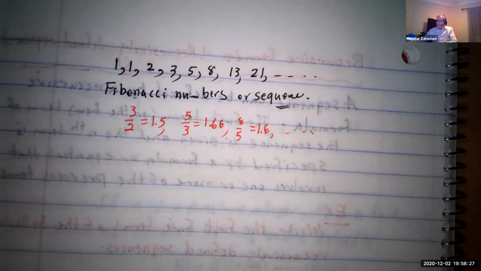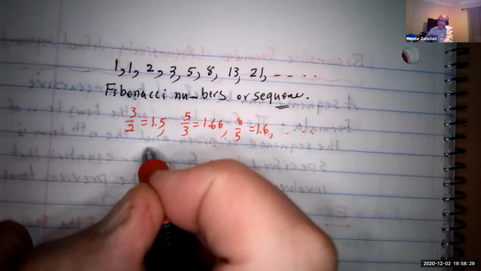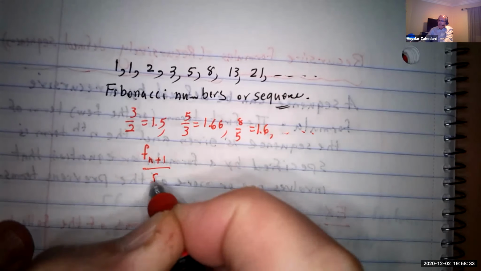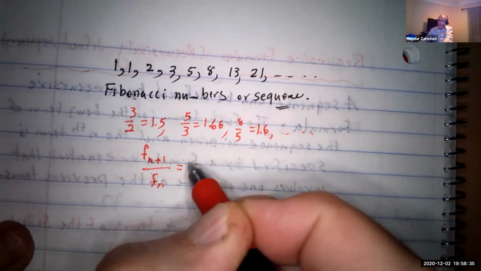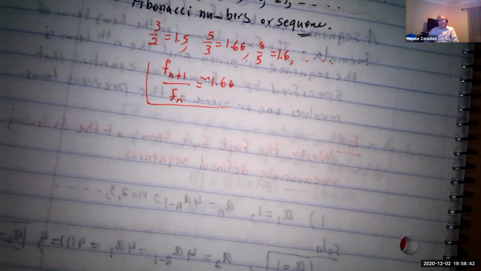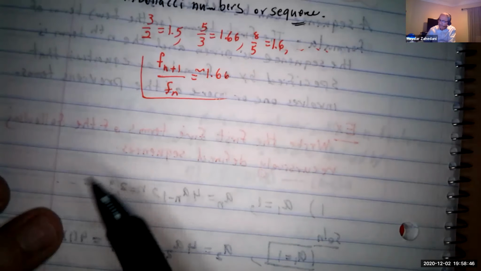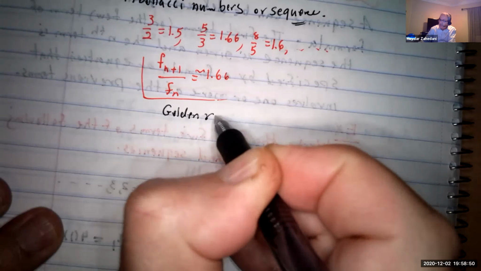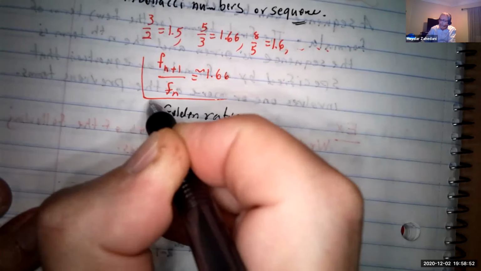Okay, so in general, if you divide two consecutive terms of the Fibonacci sequence, it's going to be almost 1.66. It's called the golden ratio. So that is how the golden ratio is connected.